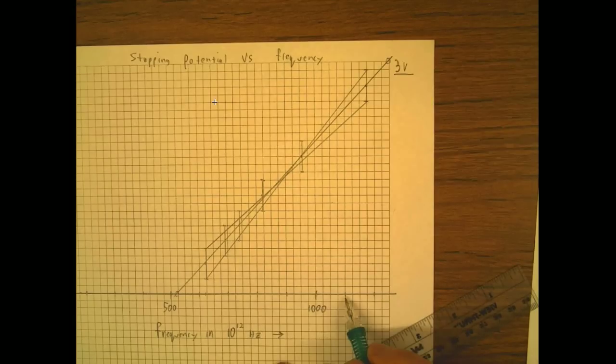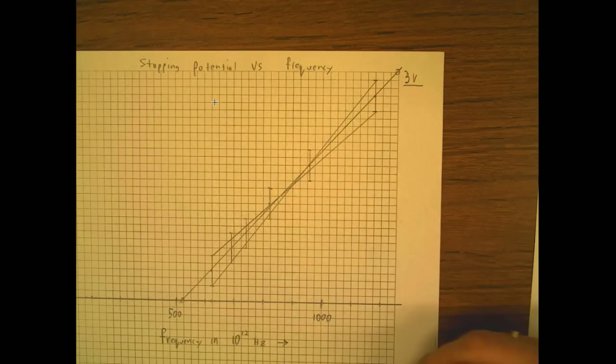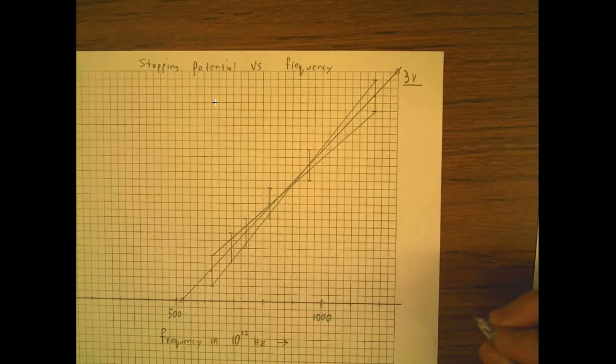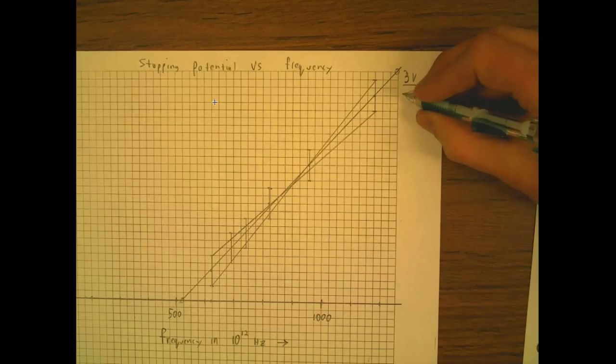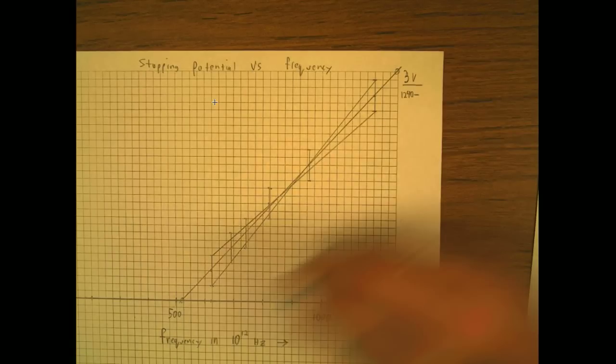This is 1,000, this is 1,100, 1,200, 1,250 seems to be this edge here, okay? So this is just short of 1,250, so what is that? I'd say that that's 1,240. Minus, and then what is that? I think that's 520, right?